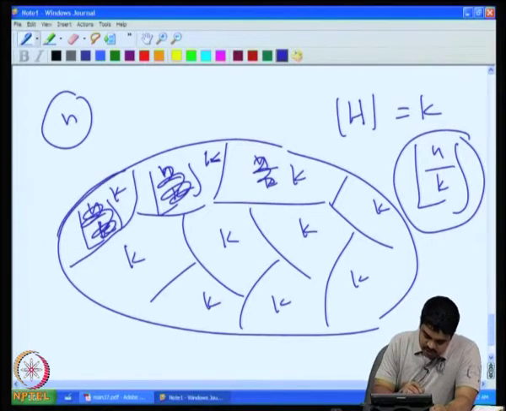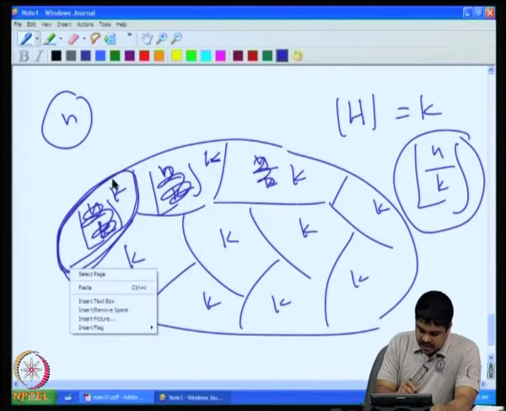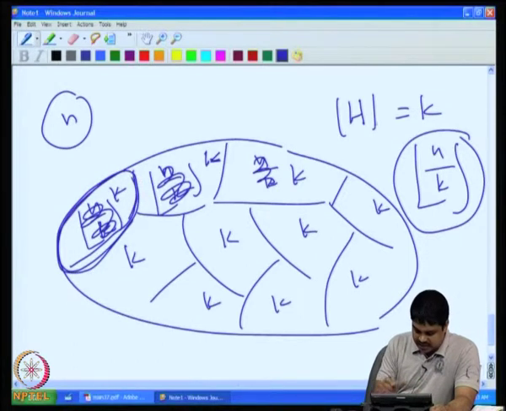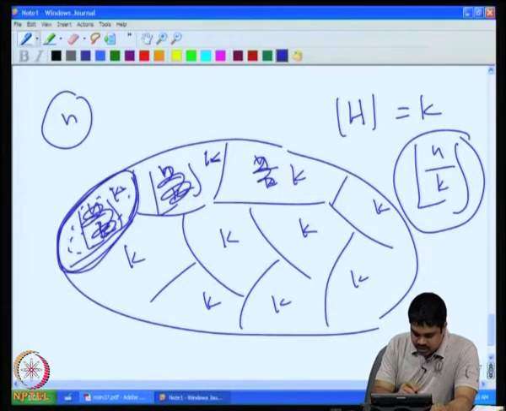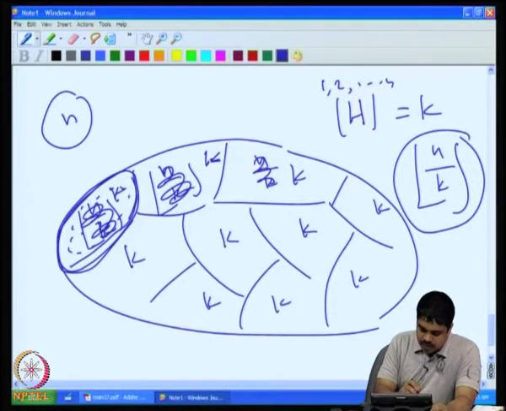Now, we ask what is the probability that these k vertices contain H, that means the graph on them is isomorphic to H. That probability is, of course, you can match in all possible ways. The vertices 1, 2, 3, up to k can be mapped to this in k factorial ways, right.